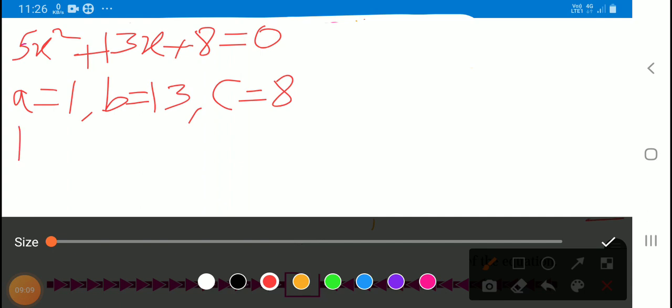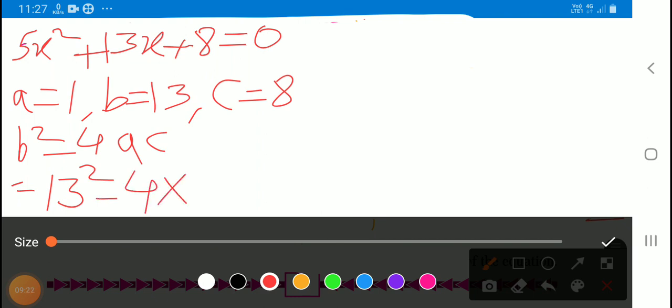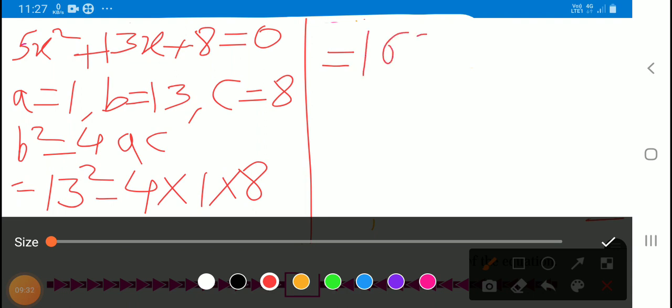So here b square minus 4ac is equal to 13 square minus 4 multiplied by 1 multiplied by 8. Okay, so what is the square of 13? 169 minus 4 ones are 4.